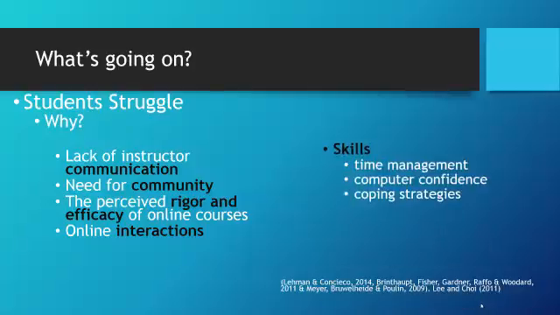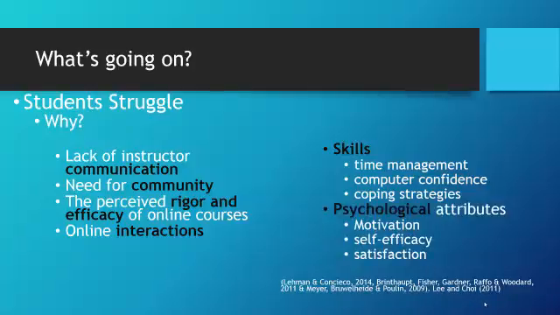Skills that they have or do not have are struggling, so they have issues with time management, their confidence in their skills, computer-based skills, and the ability to cope with workload. And then also psychological attributes like personal motivation, self-efficacy, and satisfaction with their experience. These are all research-based reasons why students struggle or drop out of online courses.